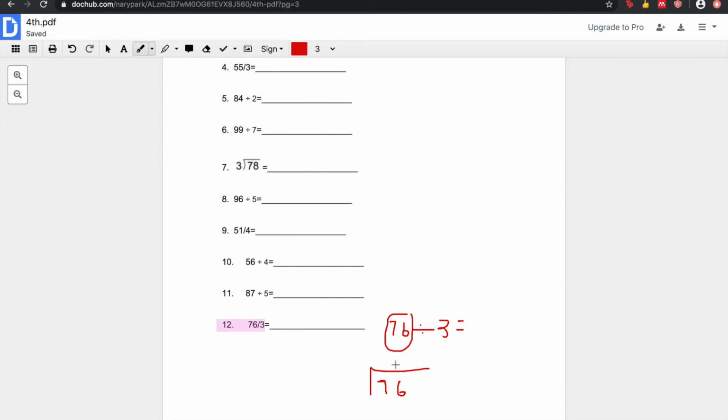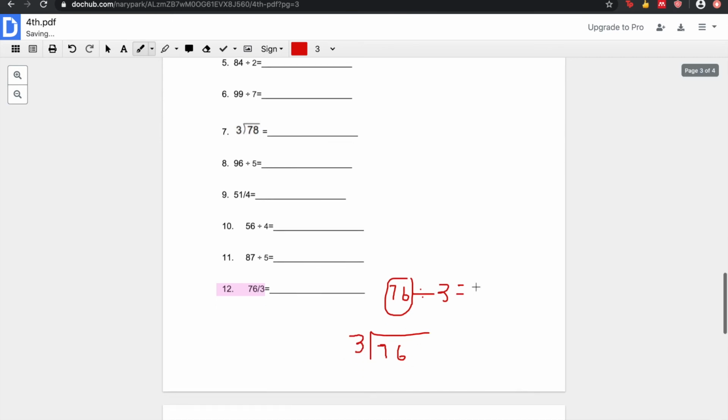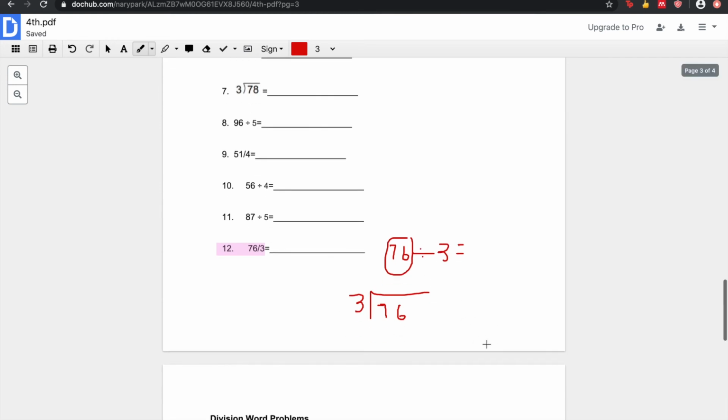So 76 has to be in the doghouse, and 3, the second number, goes on the outside. Okay, now we can just do what we did before.